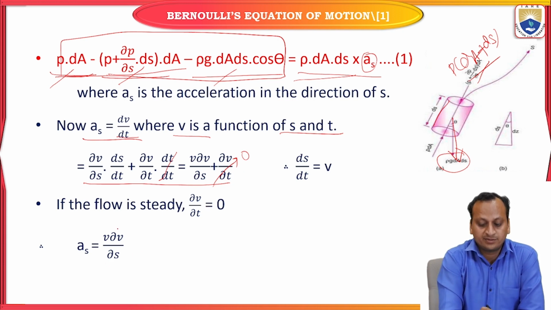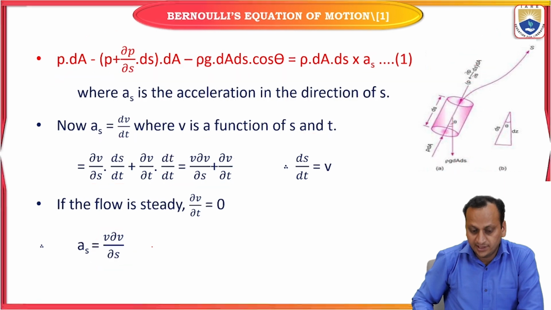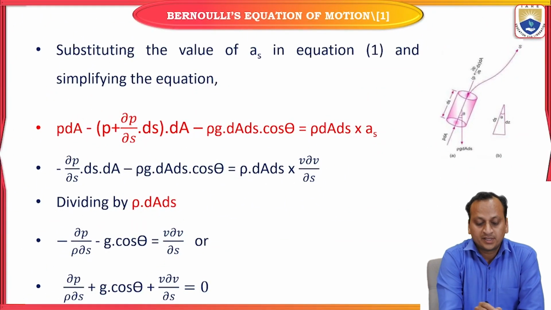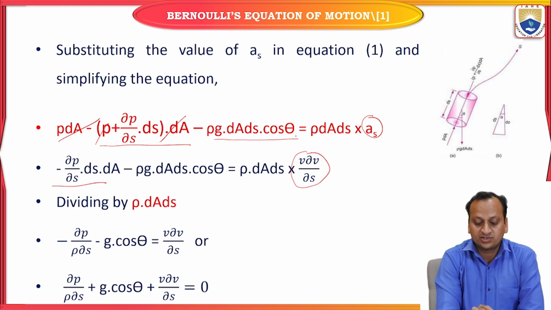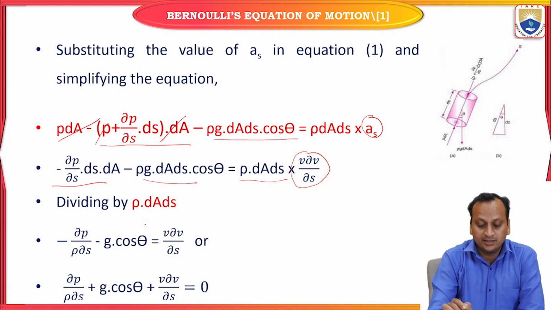This expression can be substituted in equation 1. So if you substitute in equation 1, we will write like this: substitute a as v into ∂v/∂s. After substitution, if you simplify, you can cancel terms. So therefore you get minus ∂p/∂s into ds into dA minus rho g dA ds cos theta equals rho into dA ds, which indicates mass, and acceleration is v ∂v/∂s as we derived earlier.